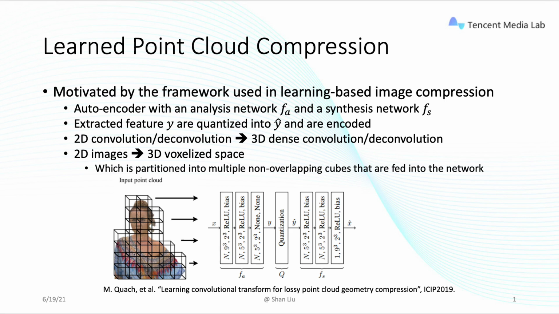Because point cloud signals are in 3 dimensions, 3D convolution and deconvolution are used in point cloud compression instead of 2D convolution as used in image compression. And in most previous works, 3D voxels are used to replace 2D image pixels in the neural network-based point cloud compression.